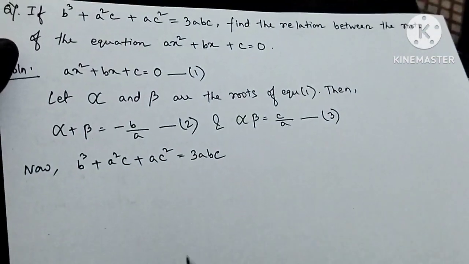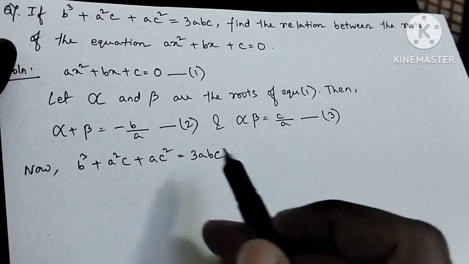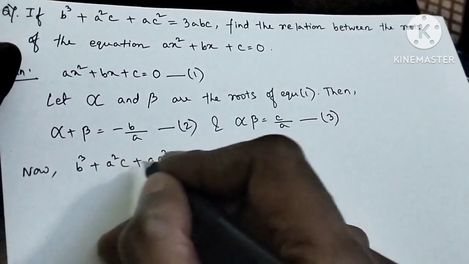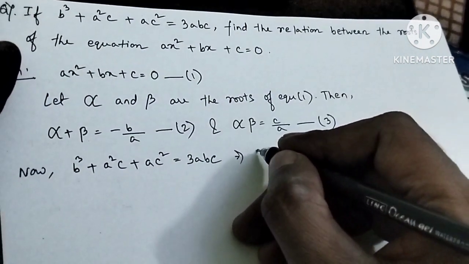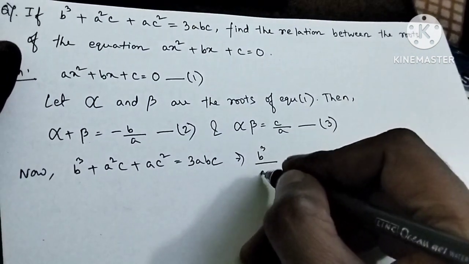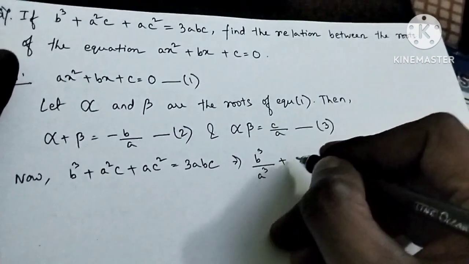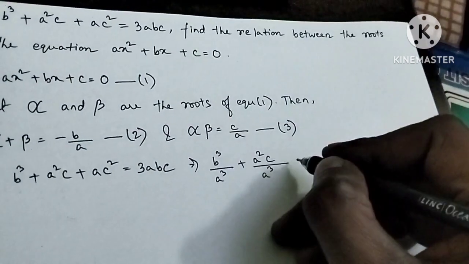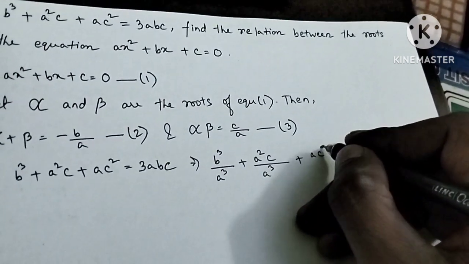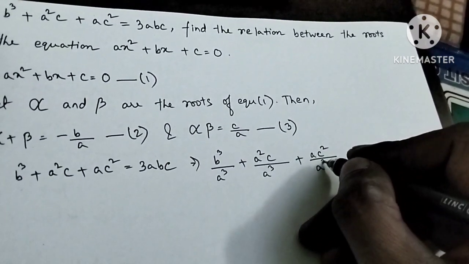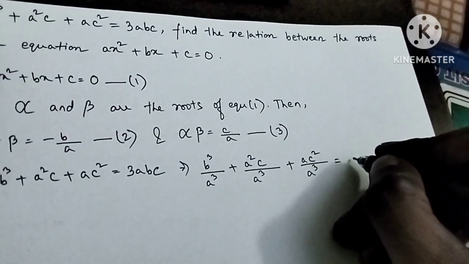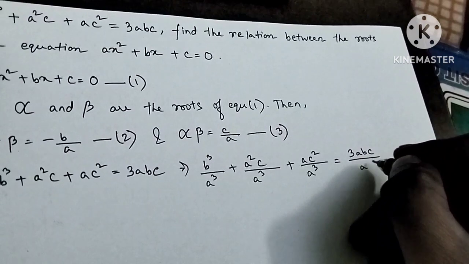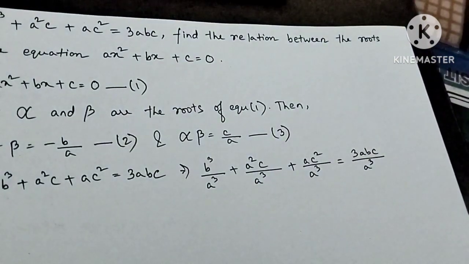Now we will divide both the sides by a cube. If we divide the left hand side by a cube, that will be b cube by a cube plus a square c by a cube plus ac square by a cube is equal to 3abc by a cube.